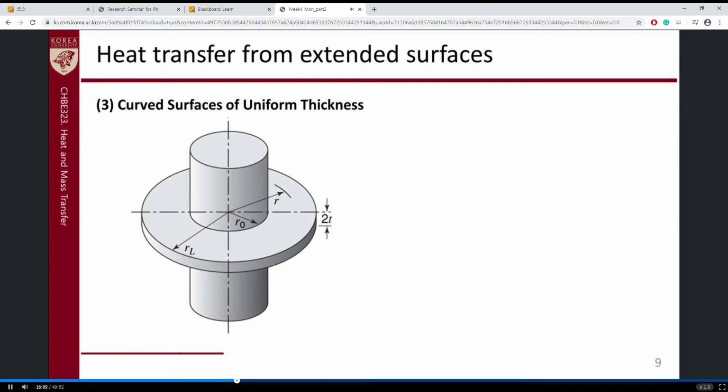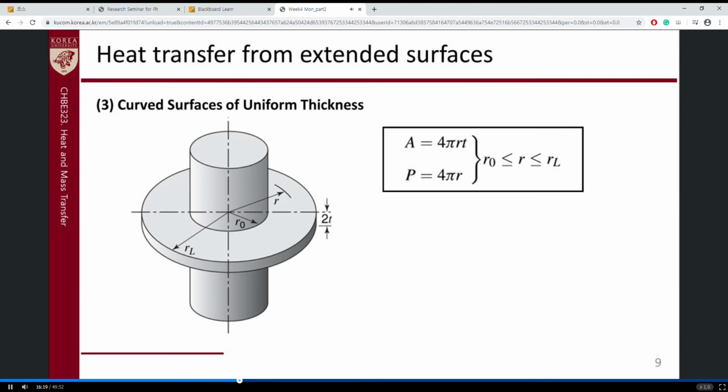All right. In this situation, there is a curved surface, so we shall use the radius r, and A can be defined like this: 4 pi r t. The P we should divide by t, right?